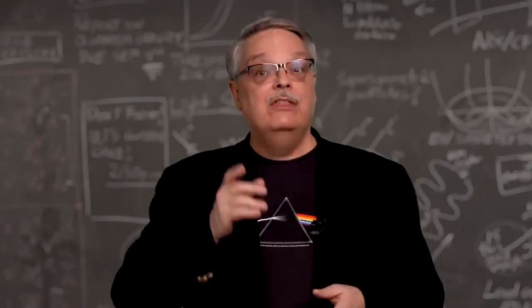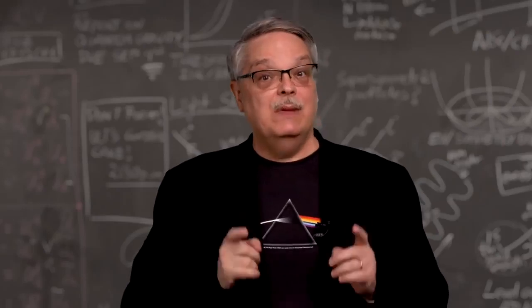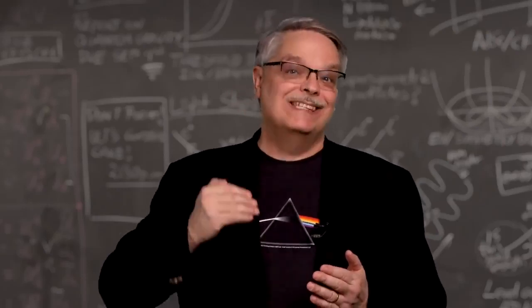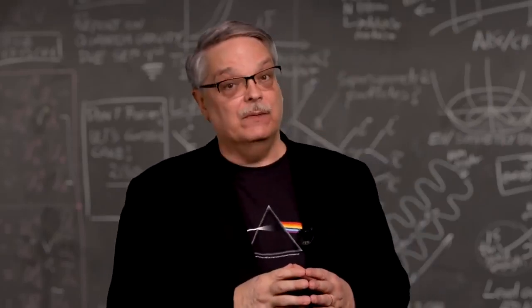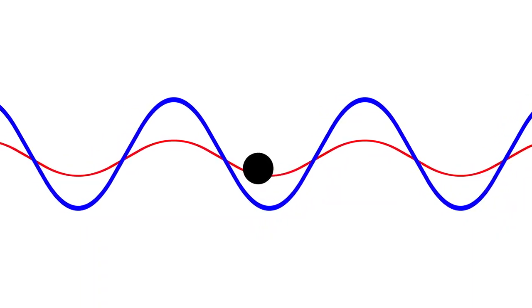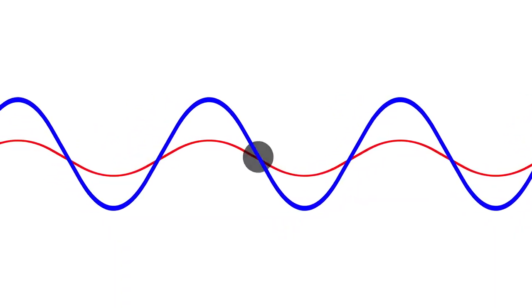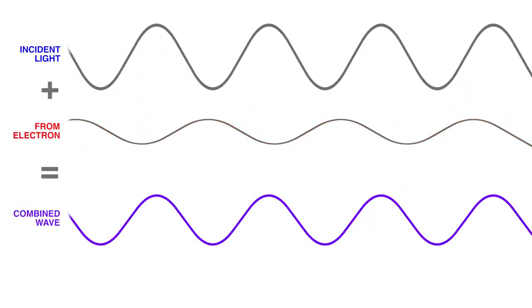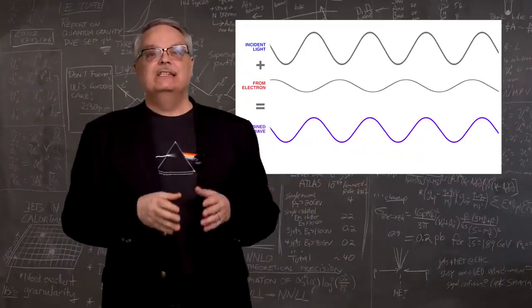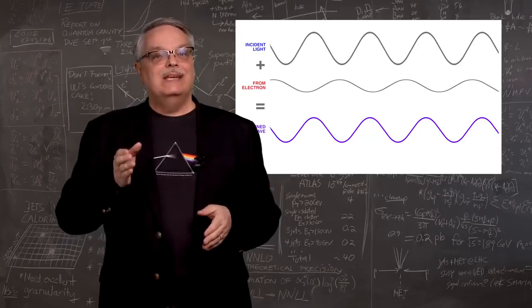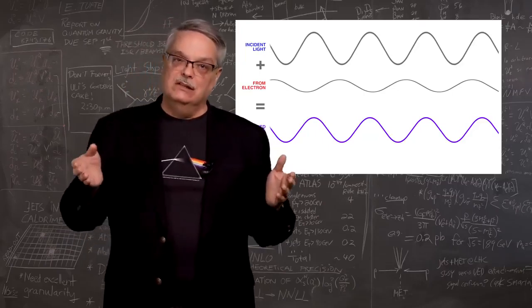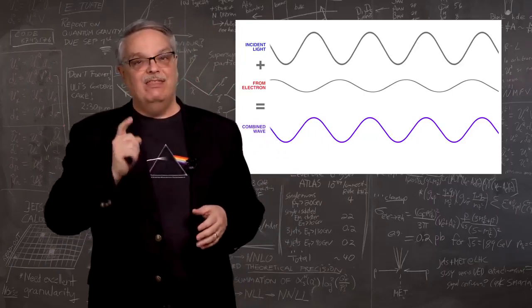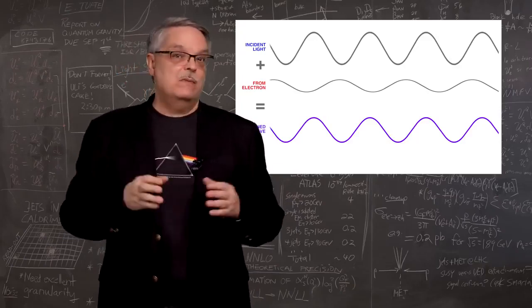Said simply, the oscillating electric field of light makes electrons move, which makes a second oscillating electric field. And if you have two oscillating electric fields, that's two oscillating waves, and you can add them together just like we saw before. The net effect is that the two waves combine and make a single wave of oscillating electric fields. And that is the wave that moves through matter.